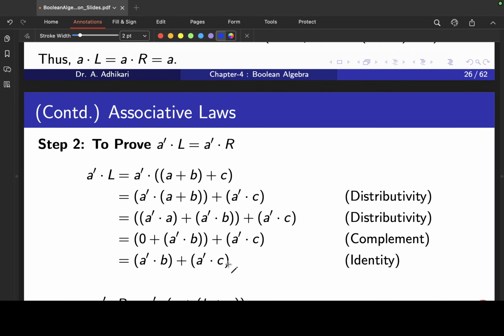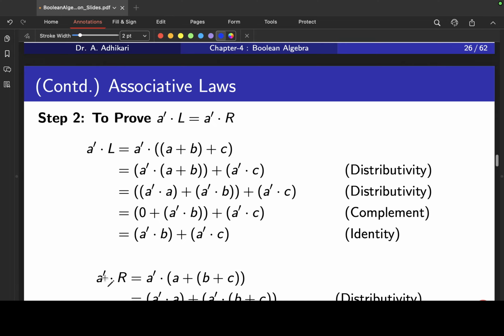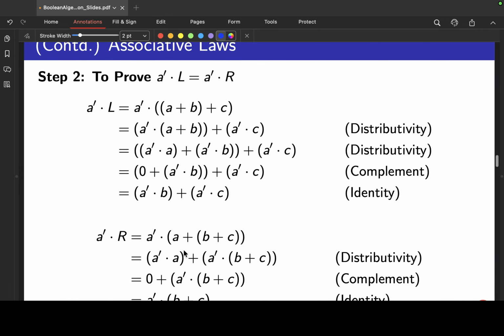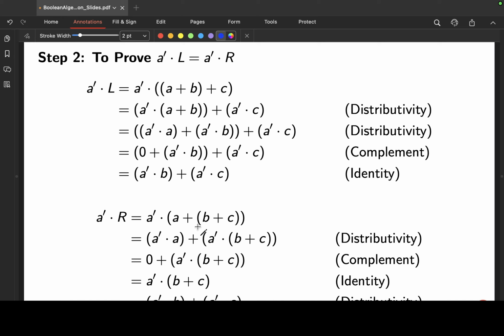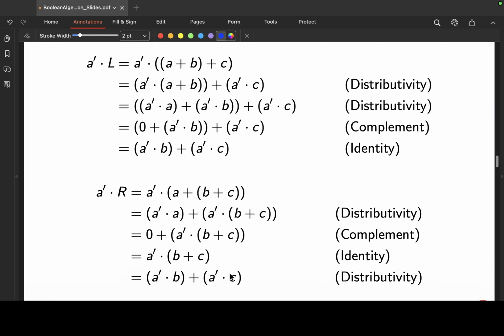Next, A' dot R is A' dot (A plus (B plus C)). By distributivity, A' dot A plus A' dot (B plus C), and A' dot A equals 0 by the complement law. So 0 plus A' dot (B plus C) equals A' dot (B plus C), by the identity law.